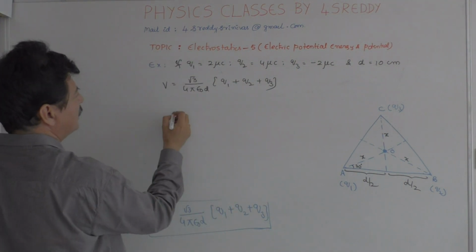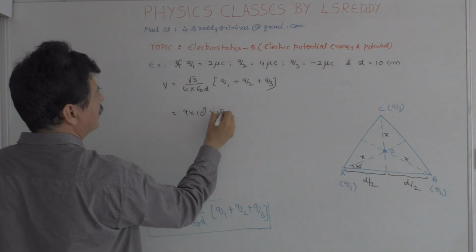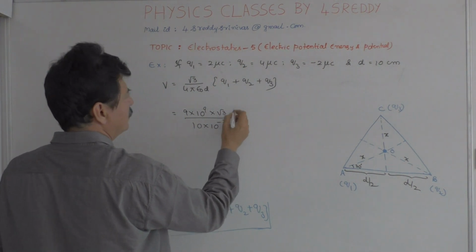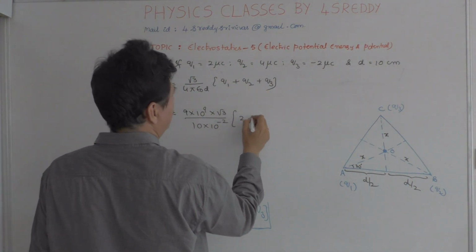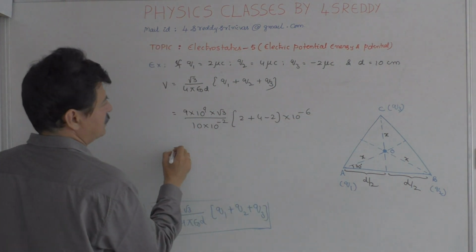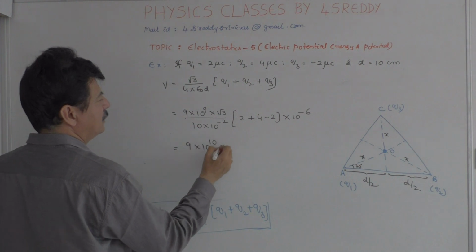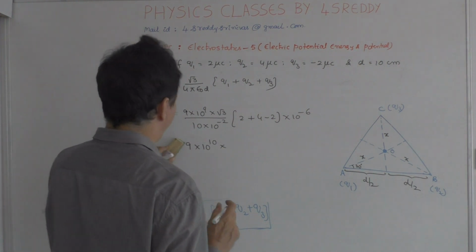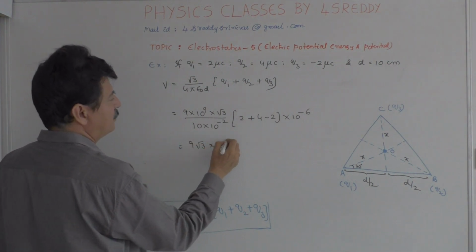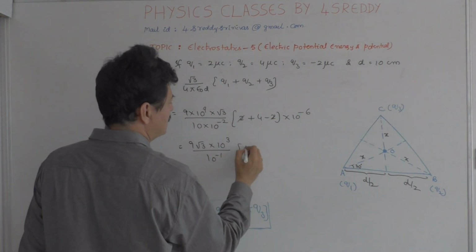Therefore, what you are going to get? It is 9 into 10 power 9 into root 3 by 10 into 10 power minus 2 into Q1 plus Q2 plus Q3, that is 2 plus 4 minus 2 into 10 power minus 6. This is 9 into 10 power 10, 9 root 3 into 10 power 3 by 10 power minus 1 into, these two get cancelled, it is 4.